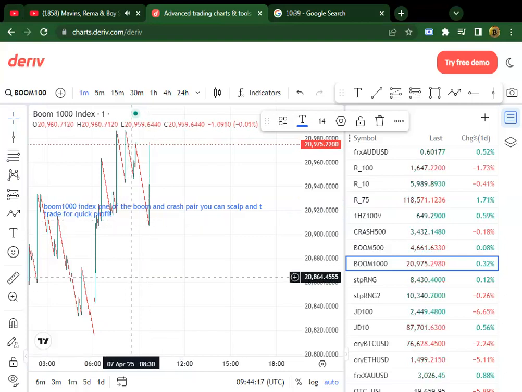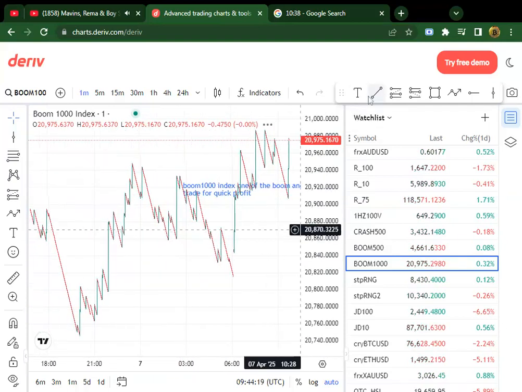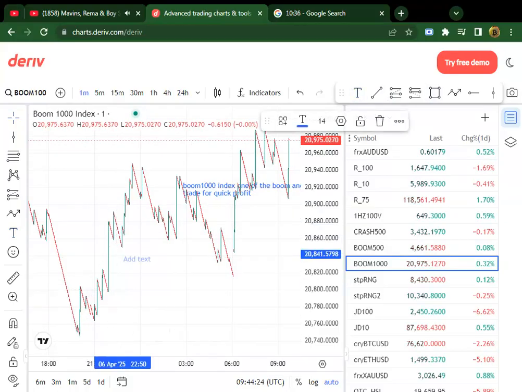Let us just put it on a graph here. Let's say the first trade was a loss, the second trade was a loss, trade three was a loss, trade 4 was a loss, and trade 5 was a loss.